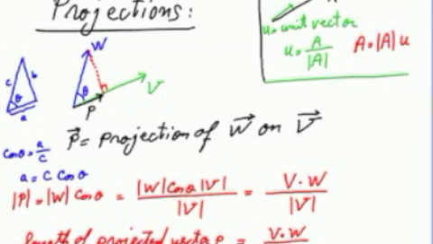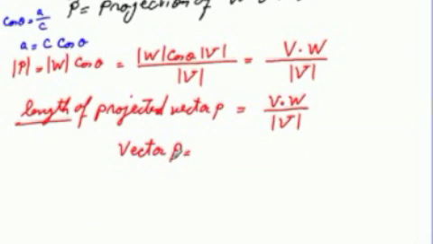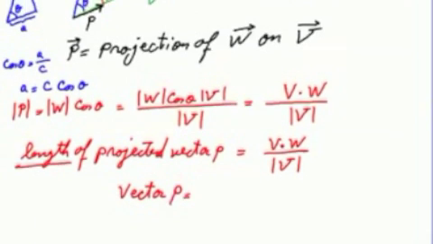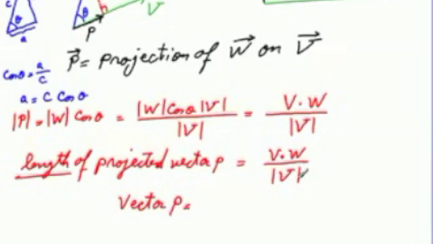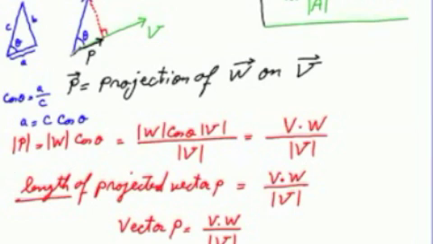So here I come and say the vector P that you want to make, take the length of it, here's the length, multiply by a unit vector in its direction. Well, the unit vector in the direction of V is just V divided by the length of V. Everybody follow that?